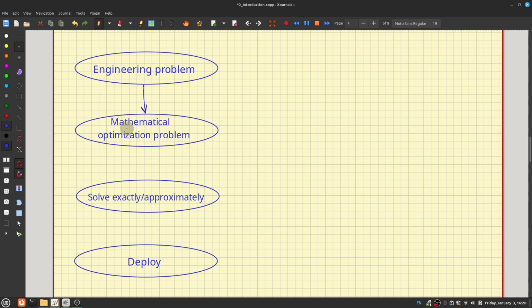Now again, as I said, if you want to formulate it as a mathematical problem, you need some things that could be quantified, correct? So in this case, maybe the parameters that I can control are perhaps how large a battery could be. Now I want to design a cell phone, right?